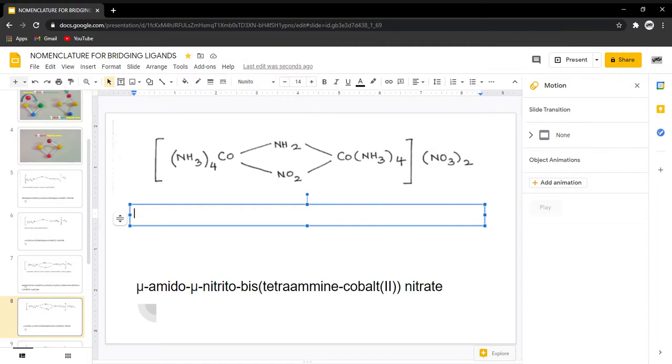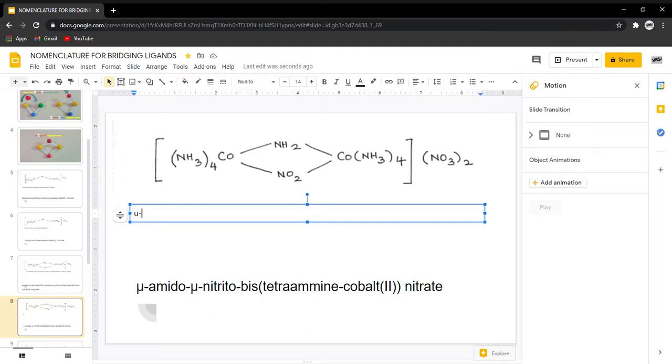So now here you can see the two groups attached to the ligands are the same. So how should I give the name? I must start with what? The name of the ligand. So that is mu. You have amido and nitro. It is not nitrito. If it coordinates via oxygen, that is nitrito.